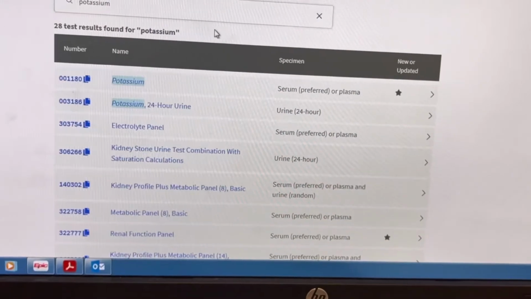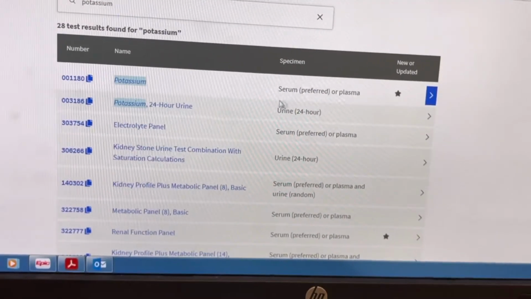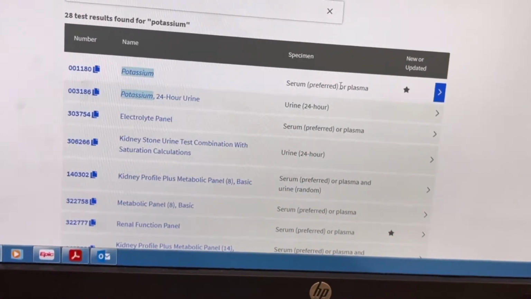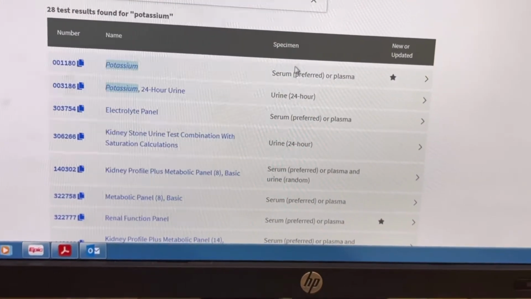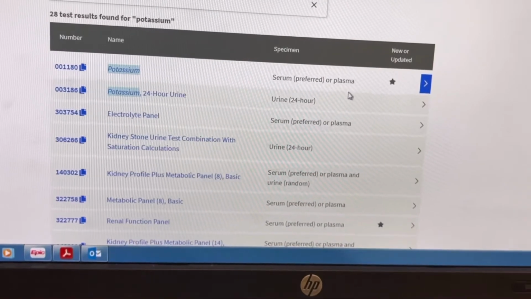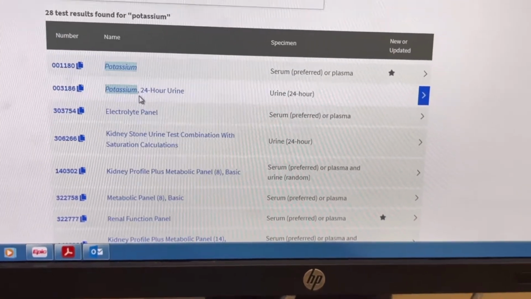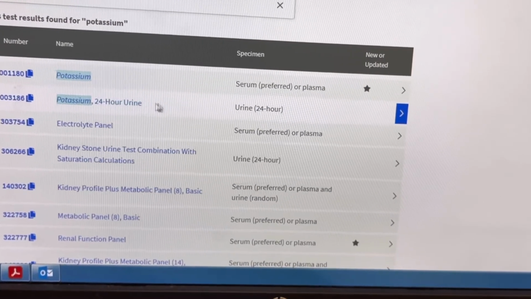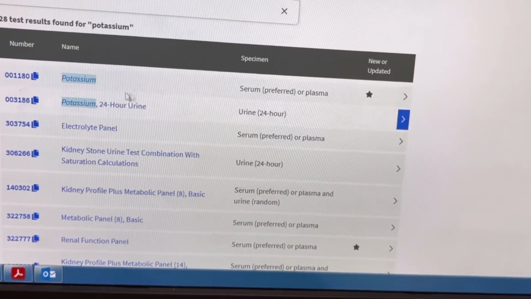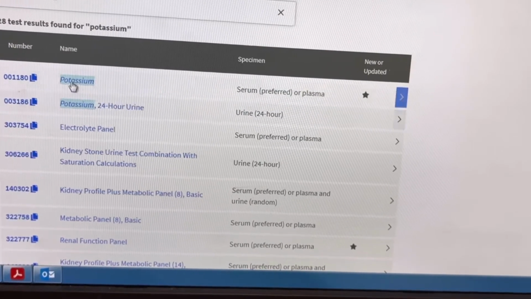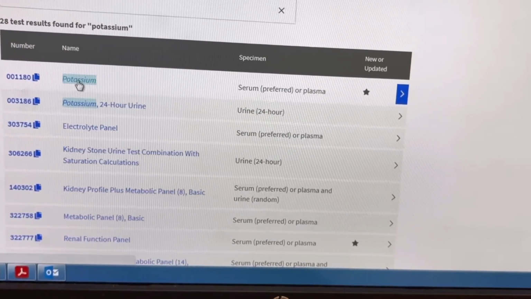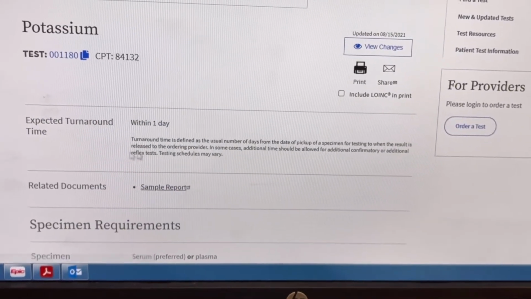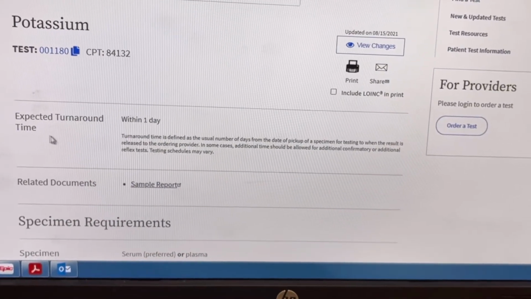Take note, there is a regular potassium. It's called serum. The sample it needs is just serum or plasma. They can also test for your potassium level through a 24-hour urine collection, but we are trying to figure out the tubes, right? So we're gonna click on that, and then it'll tell you everything that you need.